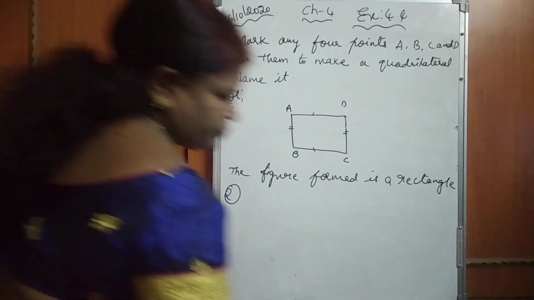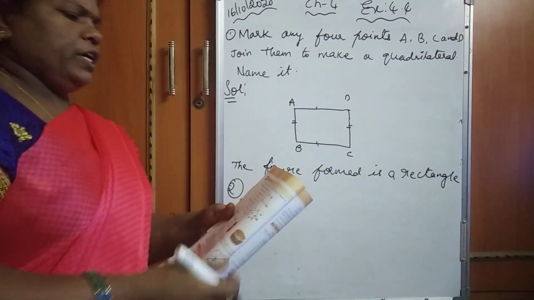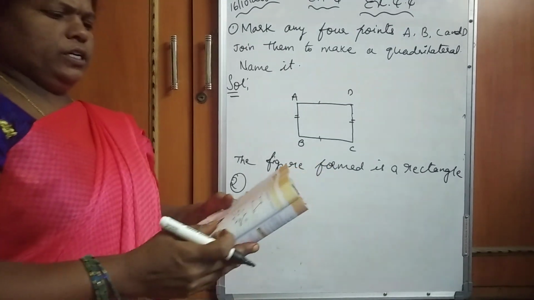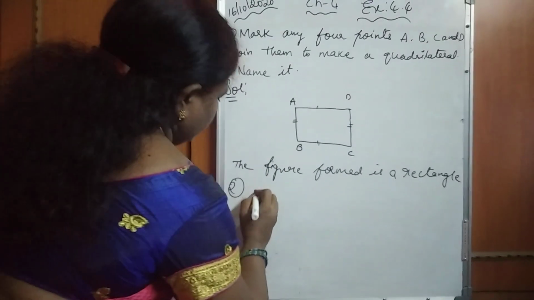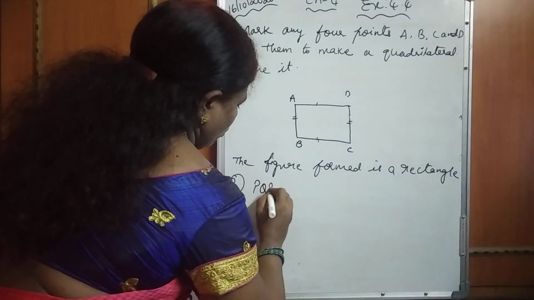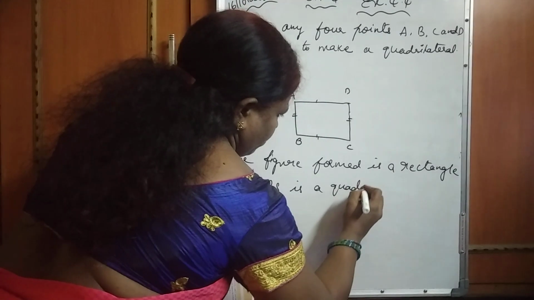Second one, I have fill in the blanks, children. PQRS is a quadrilateral given. You have to answer the following. Here one quadrilateral is given. PQRS. Quadrilateral means 4-sided polygon.